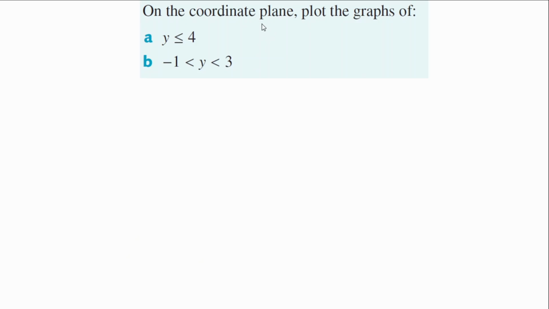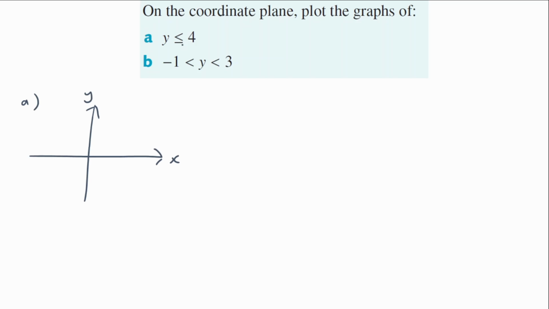This says on the coordinate plane, or that means a Cartesian plane, plot the graphs of y is smaller or equal to 4, and y is greater than -1 and smaller than 3. As a first step, start off by sketching a Cartesian plane. I'm going to have my y-axis going up and down, and x going left to right.